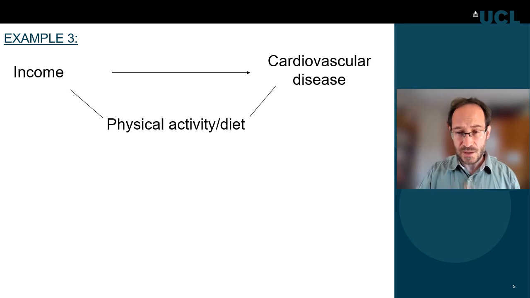So is this an example of confounding? Can we say that the relationship between income and cardiovascular disease is a confounded association, and physical activity and diet are confounders? Please think about it. Pause the video for a minute or two and then resume.